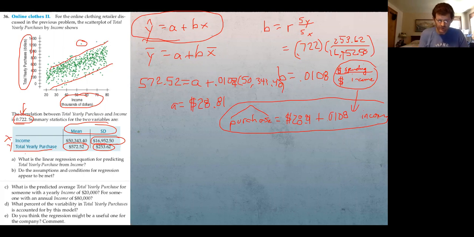So I would say something to the effect, yes, a linear regression is appropriate because we only have quantitative variables. We have a linear form. There's equal variance along the entire regression line, and there are no major outliers. So we've met all conditions. But again, write that out in a sentence. I'm not doing that here to save a little bit of time.